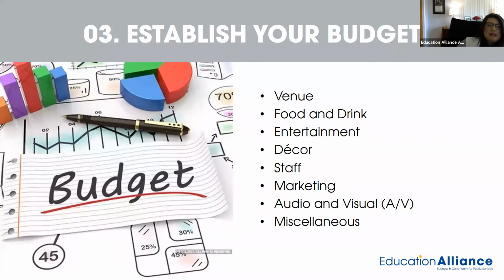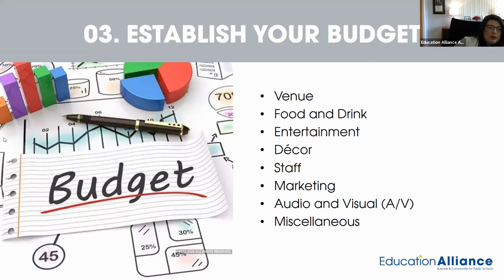And then anything miscellaneous, there are often a lot of little costs that come up. For example, I've heard a lot of people talk about, with the Coats for Kids drive, a donation bin. Where can you get that from? Can you get it donated? So thinking through all of those costs.